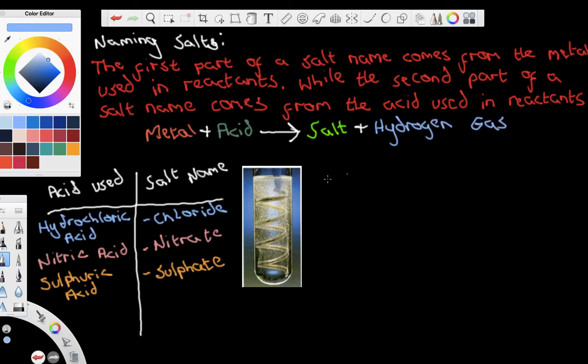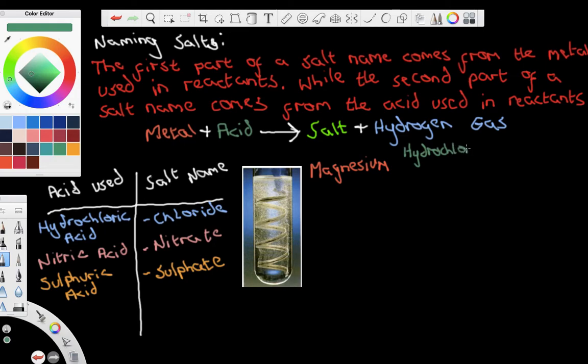So let's have a think first about this one here. The metal that we have used is magnesium ribbon, so our metal is magnesium. The acid we have used is hydrochloric acid.